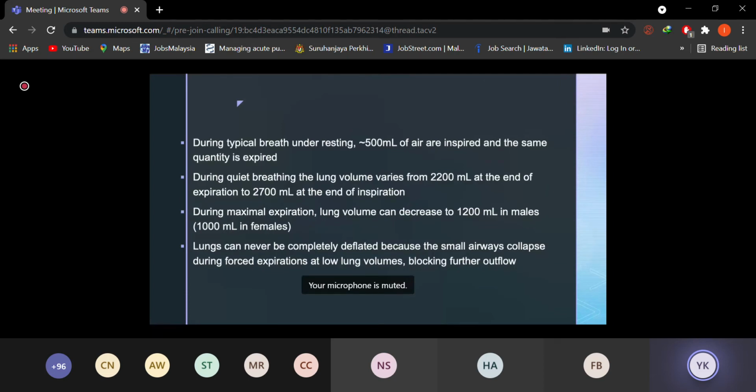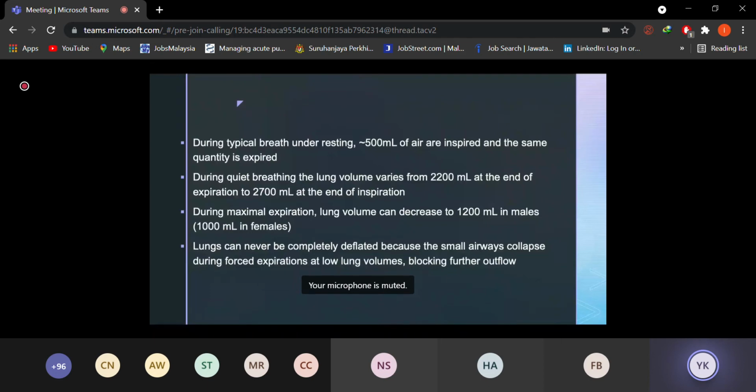No matter what, there is still a force withholding total deflation of your lung, except in a pneumothorax, when atmospheric pressure equals the pressure in the lung. That would be a different story.